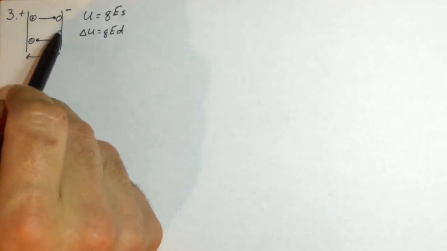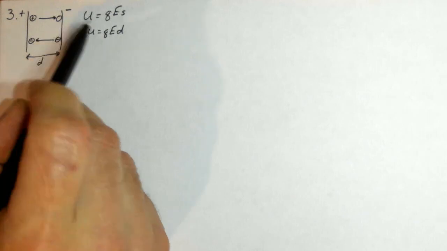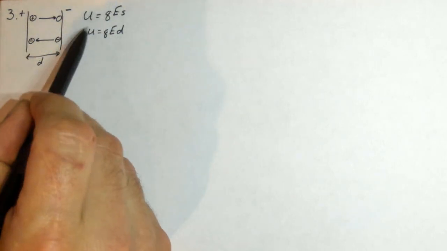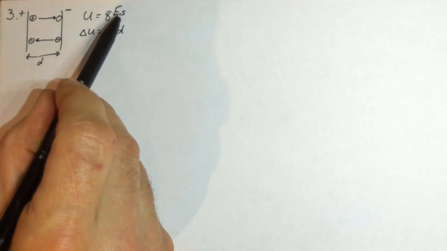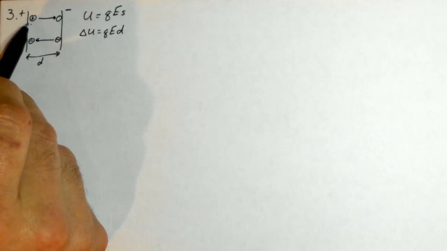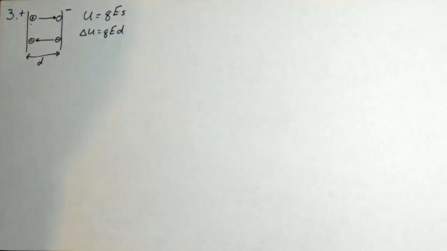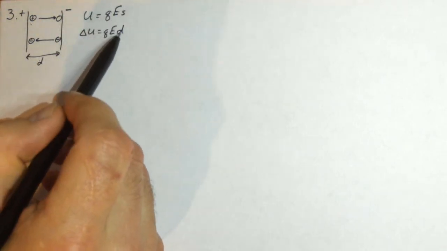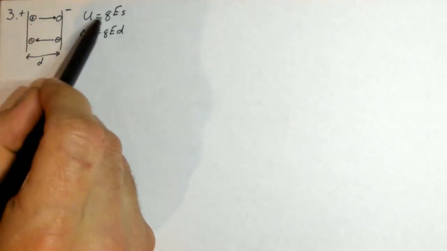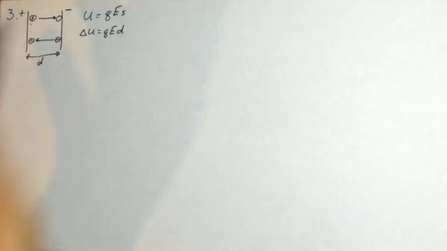S is the position relative to the negative plate, and D is the total distance across. So delta U would be the difference in their positions, from 0 to D, or from D to 0. But the sign of D changes because they go different directions, and the sign of Q also changes, so it doesn't matter.